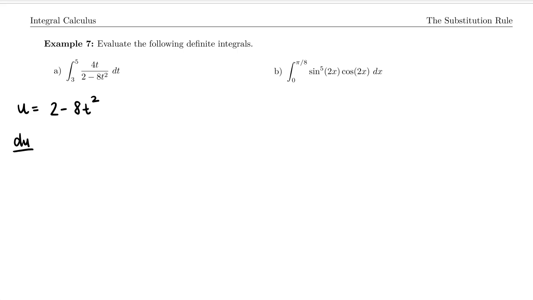So du dt is equal to, I'm going to use the power rule, and negative 8 times 2 is negative 16, and then I am decreasing my power by 1. And notice that if I solve for du, I get negative 16t times dt, and that's almost in my original integral. I have 4t times dt, but not negative 16.